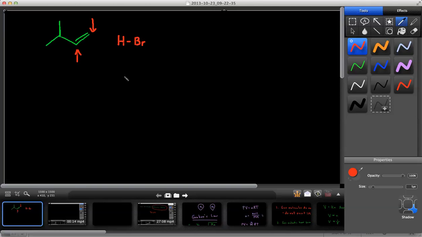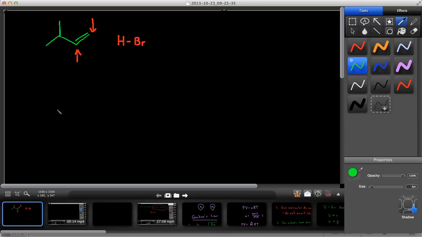In order to really answer that question, you've got to investigate the mechanism. So the last time we discussed this, we talked about 4 recurring patterns in mechanism. Those patterns were nucleophilic attack, loss of a leaving group, proton transfer, or a rearrangement.